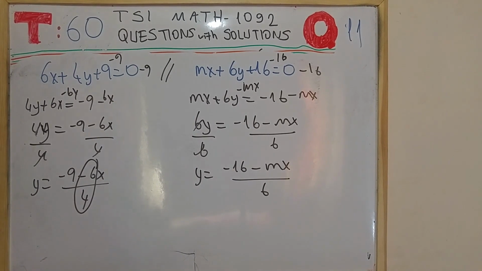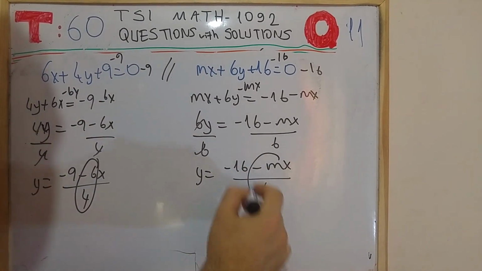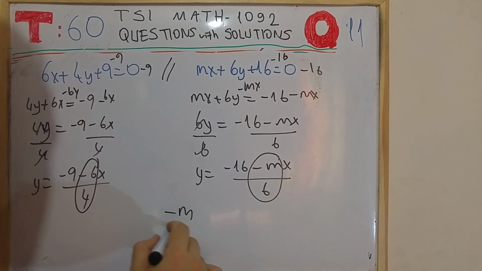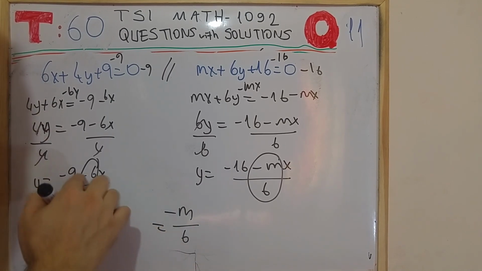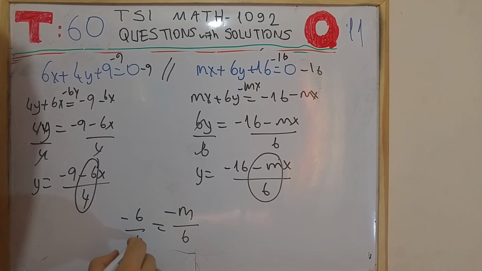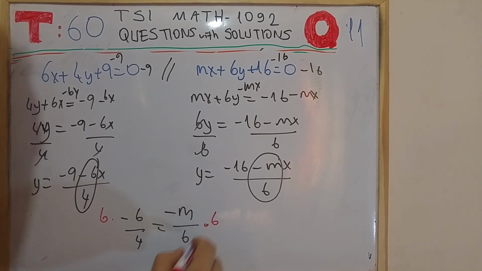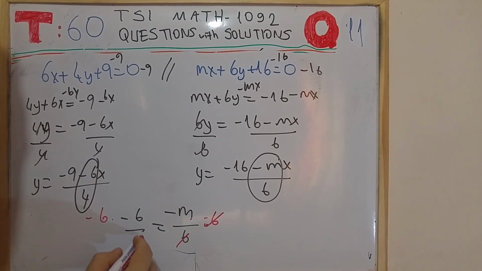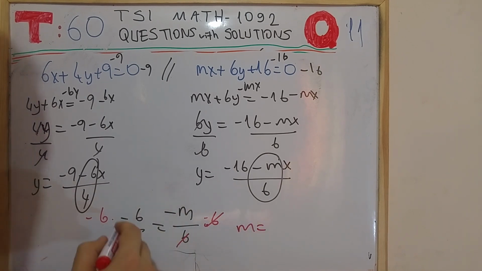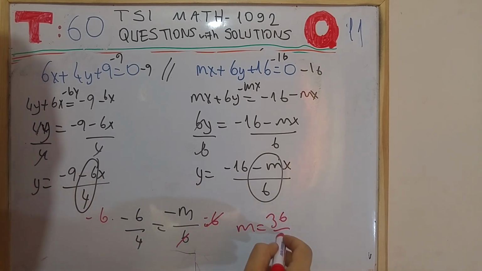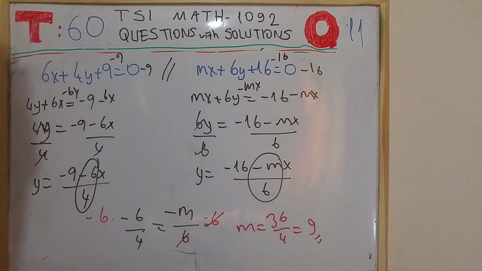And the slope of this line is equal to minus m over 6, which must be equal to minus 6 over 4. Now it's easy to find out. I just need to multiply each side by 6. And of course, sorry, minus 6. So these minuses will be gone. And what I have here is m is equal to 36 over 4, which is equal to 9.